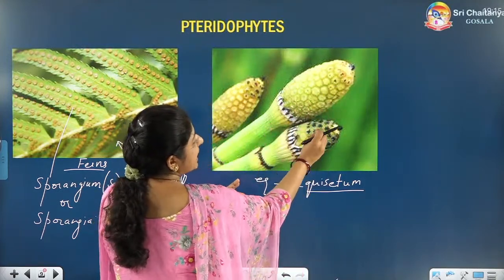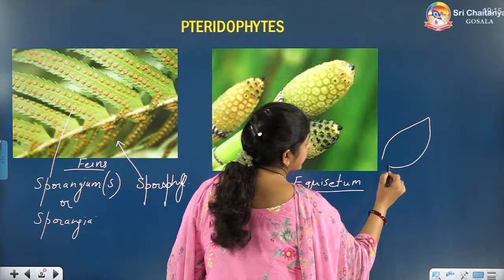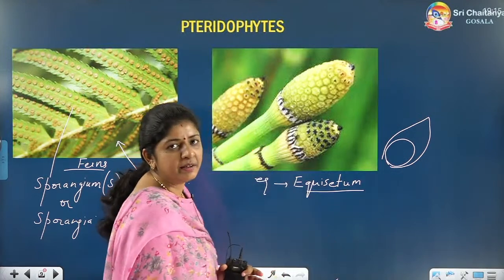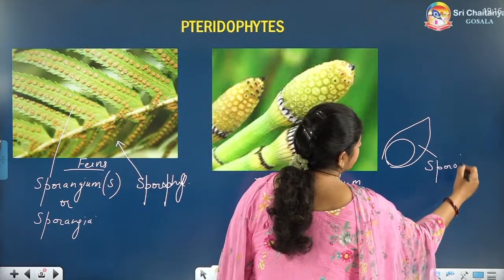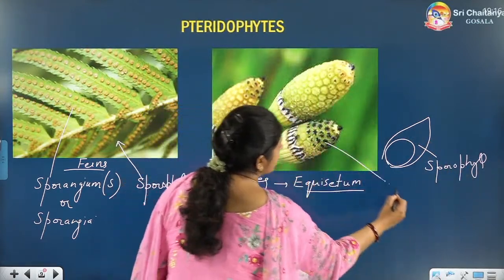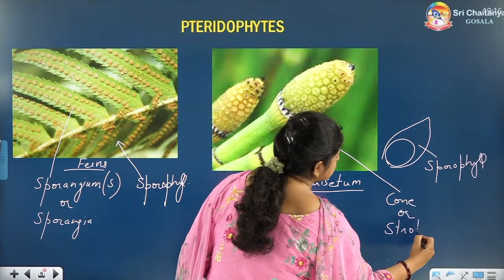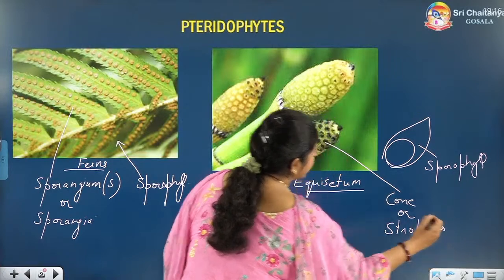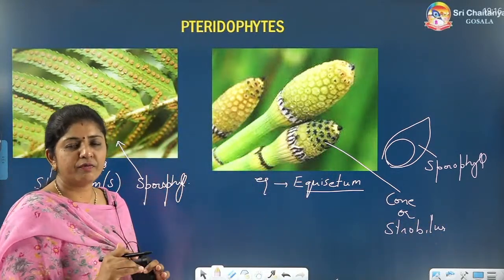It consists of many sporophylls, each containing a sporangium, clustering together to form the cone. This cone you call a strobilus. Fine. This type of structure you will find in Pteridophytes.